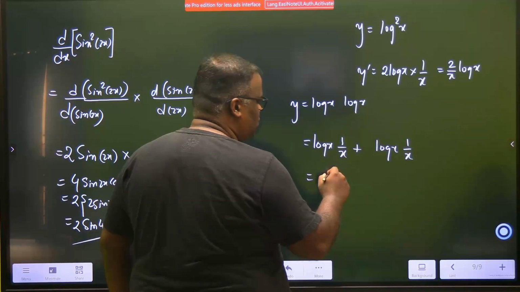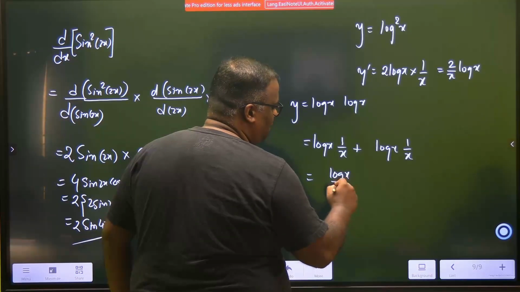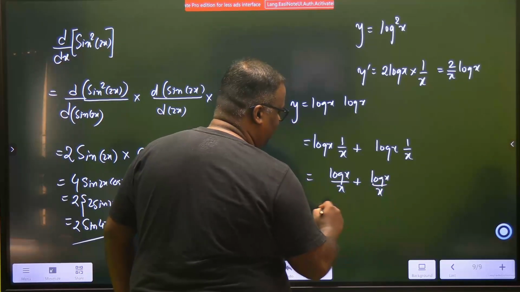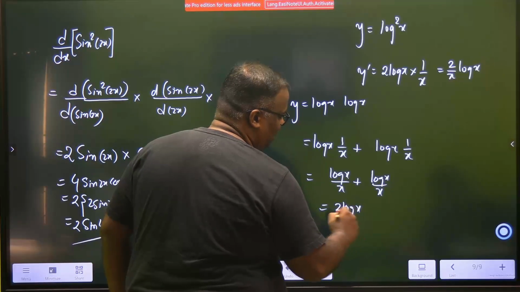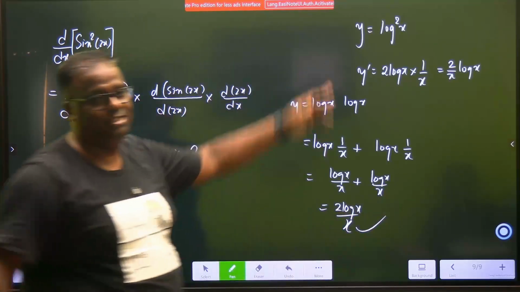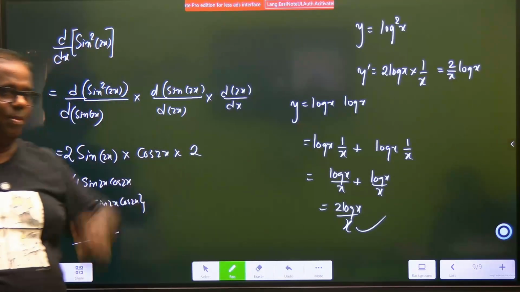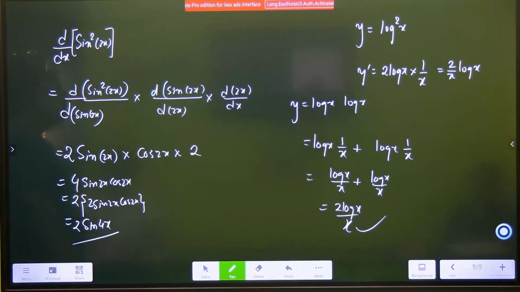In both cases, you are getting log x by x plus log x by x. If you add them, it is 2 log x by x. We are correct. Did you understand?